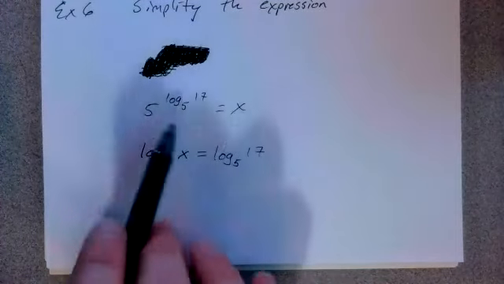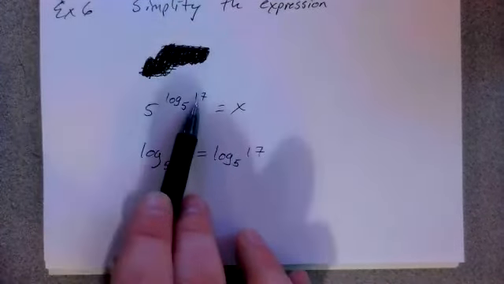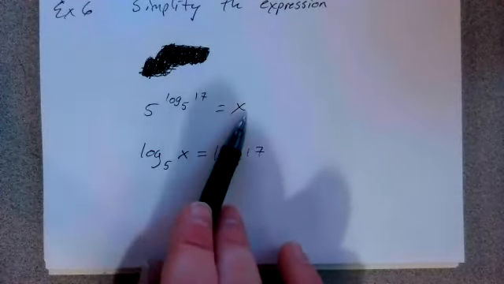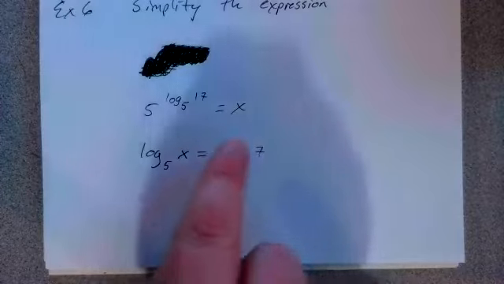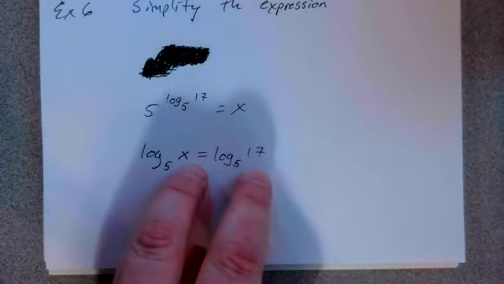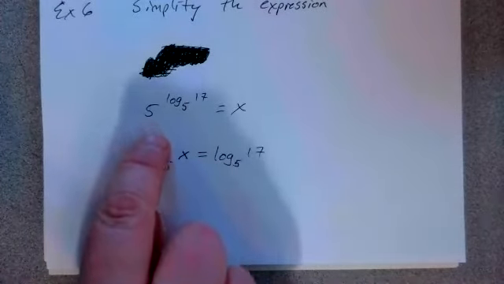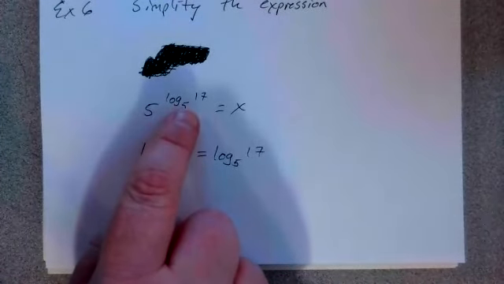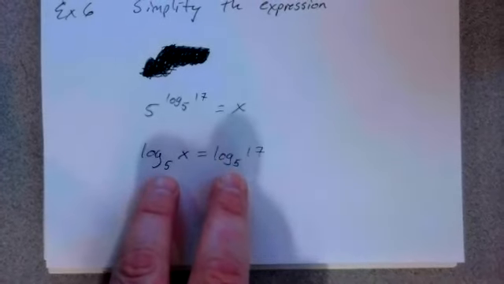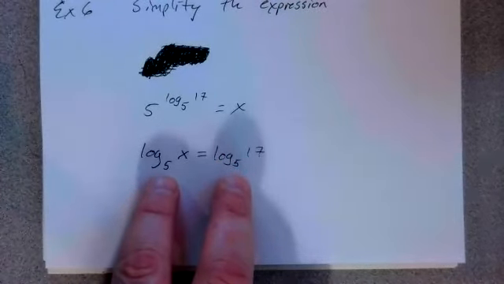This one's a little tricky. 5 is the base, log base 5 of 17 is the exponent, and it equals x. When I switch, the exponent and the x switch places. So log base 5 of x equals log base 5 of 17.